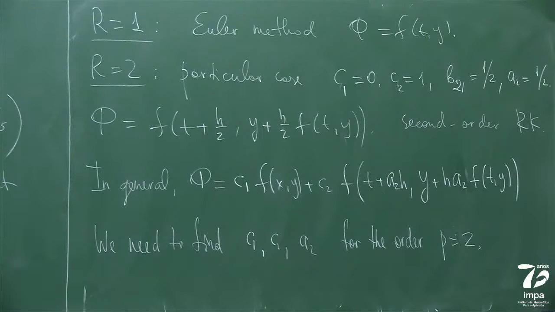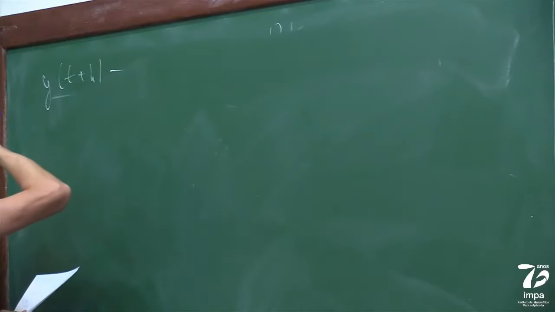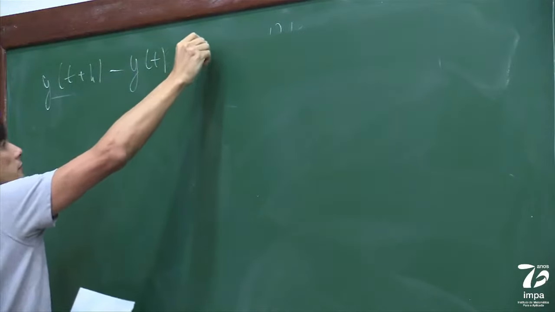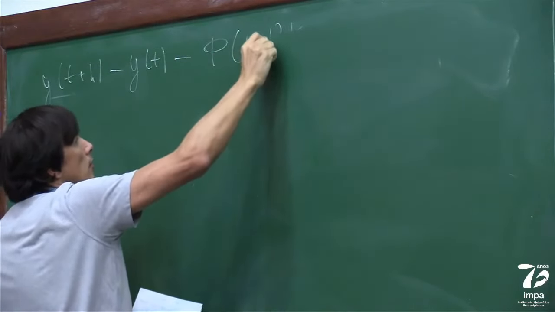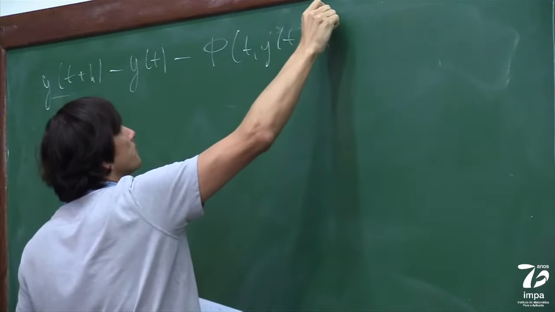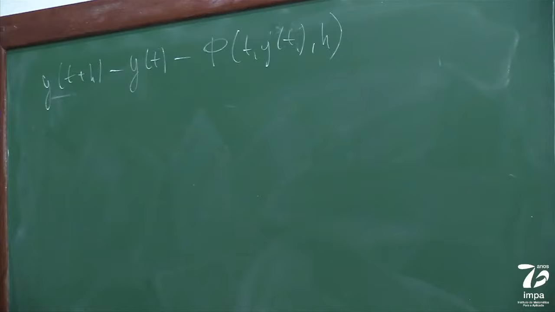The order of the method is the difference between y at t plus h, minus y at t, and minus phi times h. And this should give us order h cubed. Okay, so let's do it.